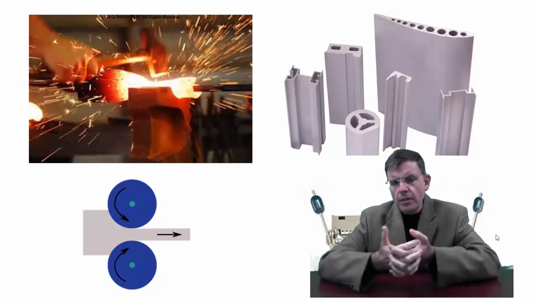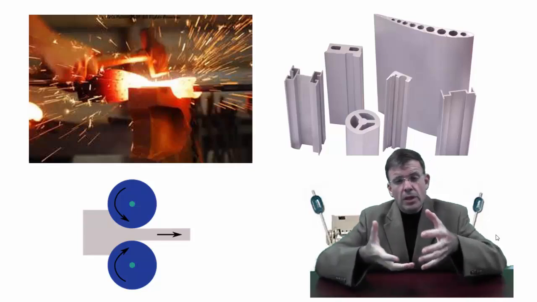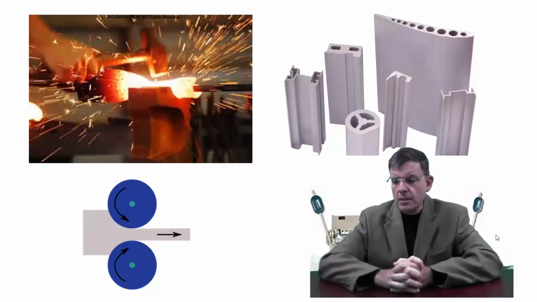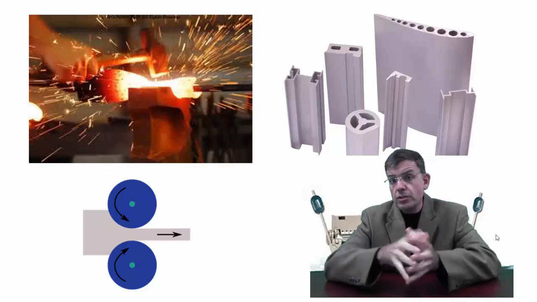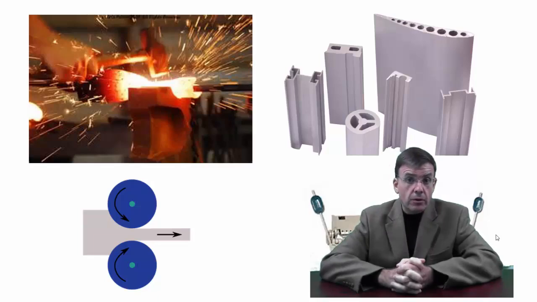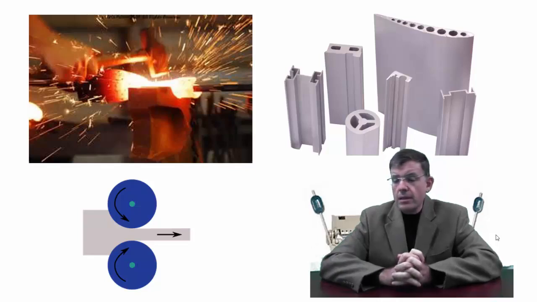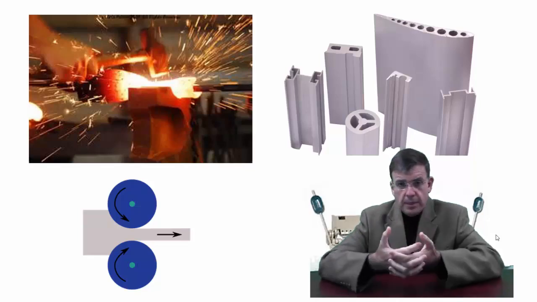Okay? Down on the bottom left in there is a schematic of what would be a rolling process. So you can think of it as continuous forging. That's a way to think of it. And this can be done with hot parts, or it can also be done cold, and it'll, of course, impart different metallurgical characteristics to the end product. Okay? On the upper right in there, we see common extrusions, generally made out of aluminum, but not always.